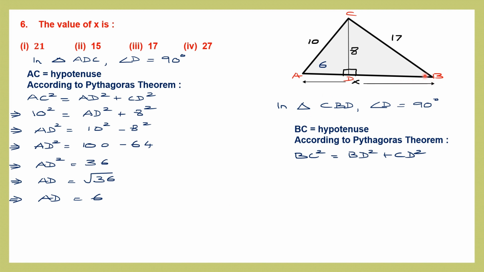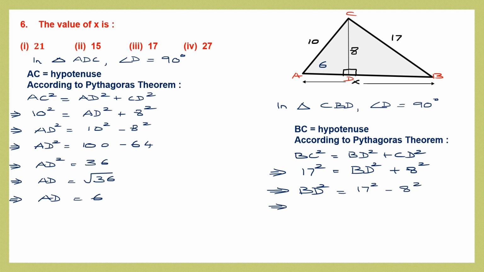Now let's substitute. Now BC is 17. So we can say 17 square is equal to BD, we don't know what it is, so we'll leave it as BD square plus CD, CD is 8, 8 square. So now to find the value of BD square, we say 17 square minus 8 square.